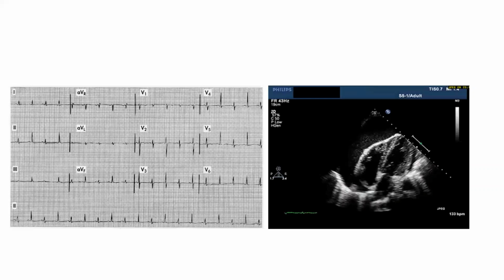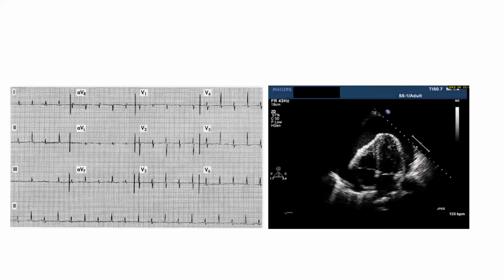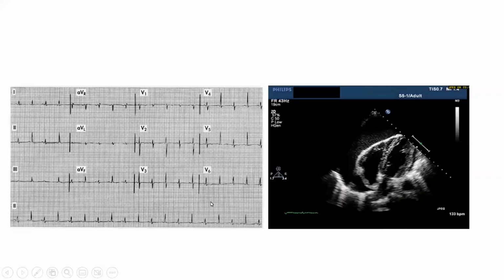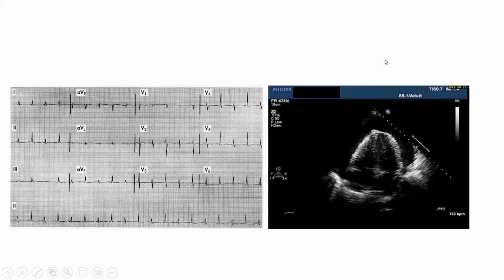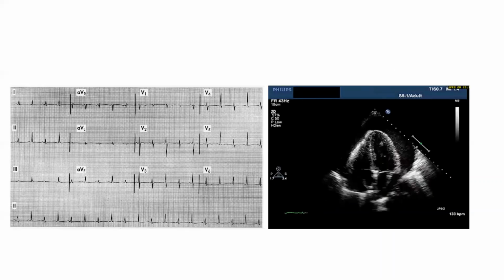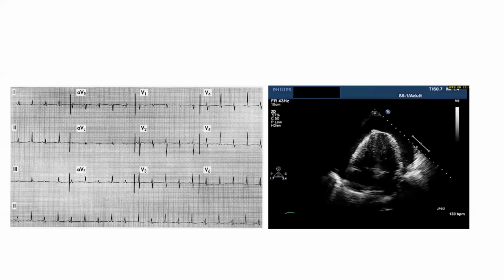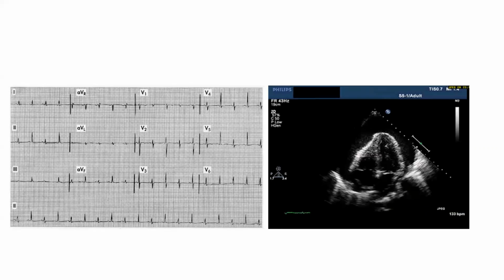Now, what are we seeing here? This is an echo, and this is the corresponding ECG, the ECG equivalent to what you are seeing in the echo. Can anybody tell us? Electrical alternans on the ECG. Exactly.